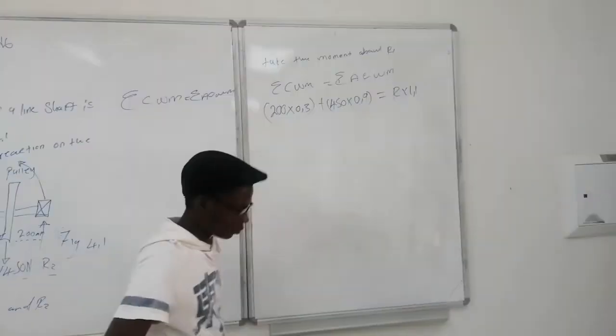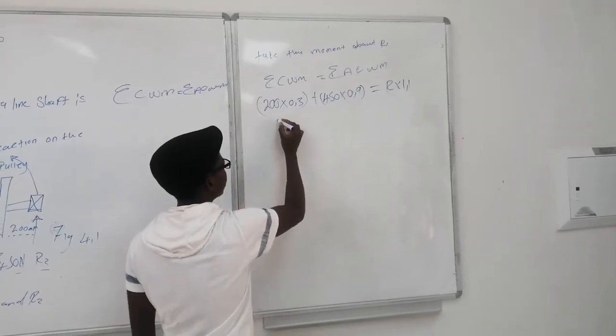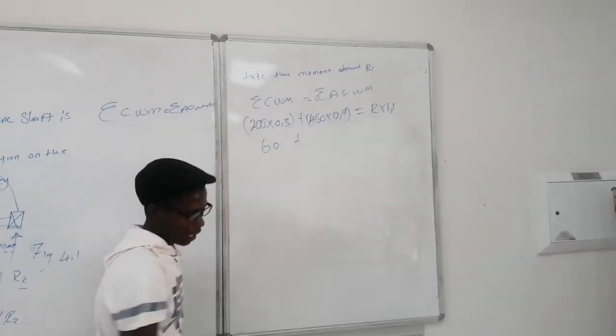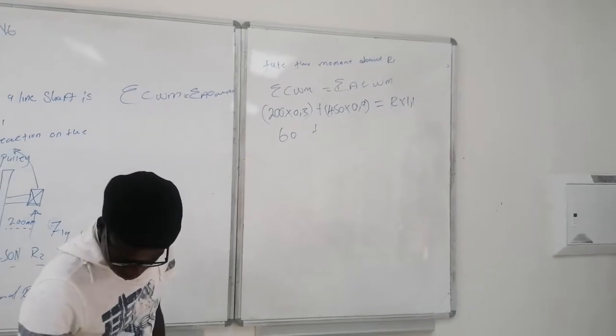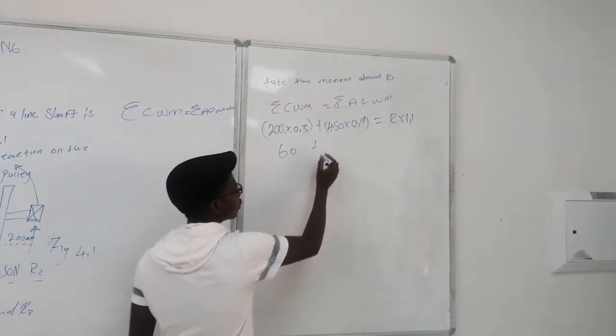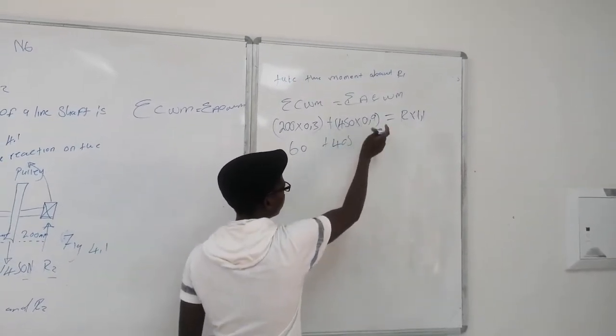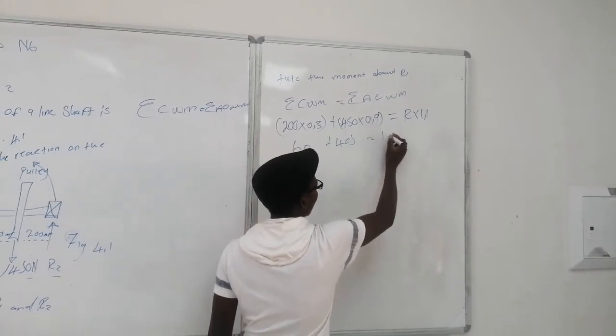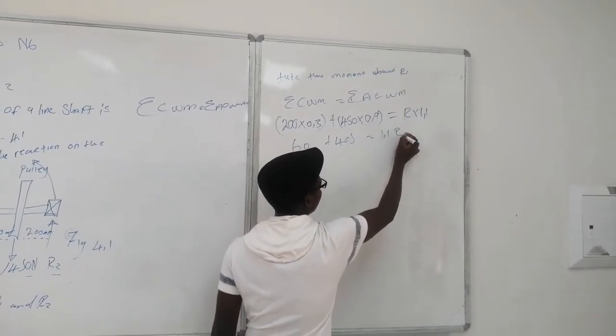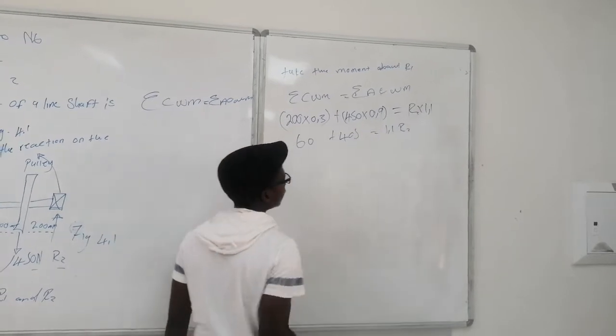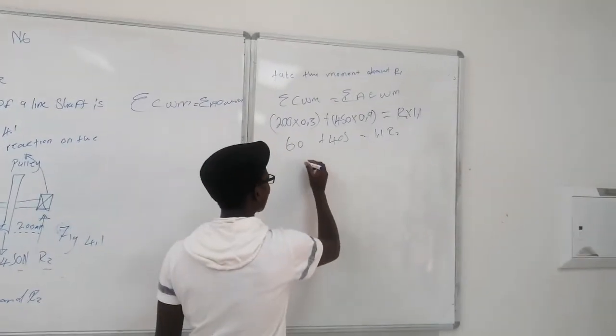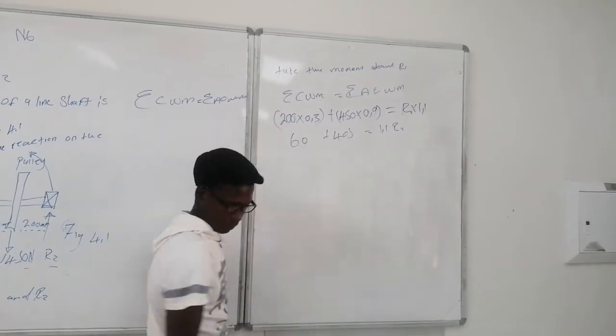This one multiplied by this one is 60, plus this one is 405, and then we say 1.1 R2. Therefore, we add this one and divide it.